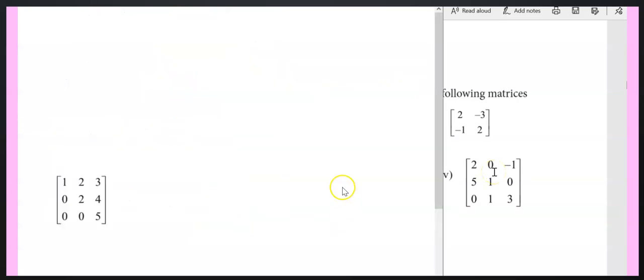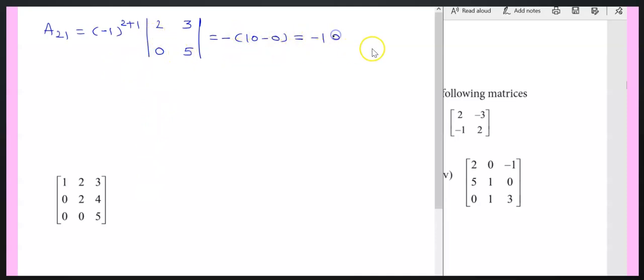Next is A21. Therefore you will get 2 3 0 5, that is equal to minus 10 minus 0, that is minus 10.